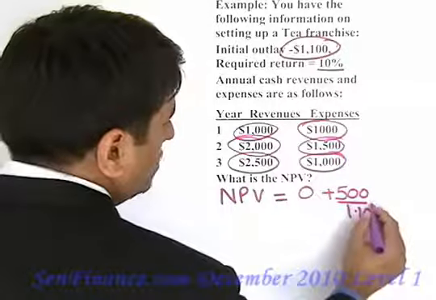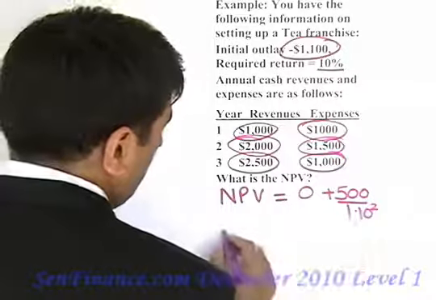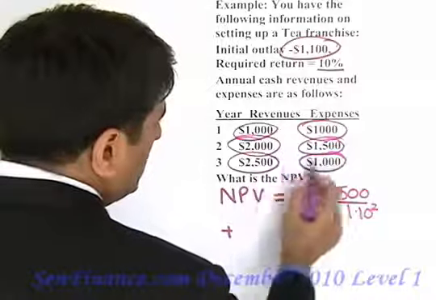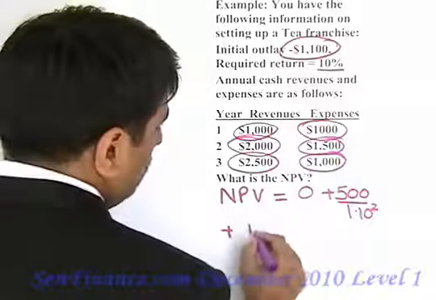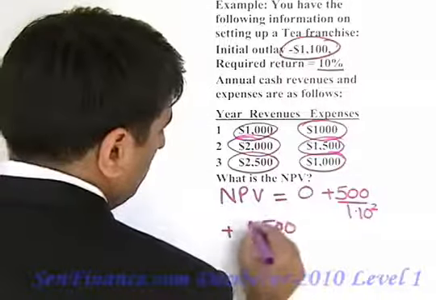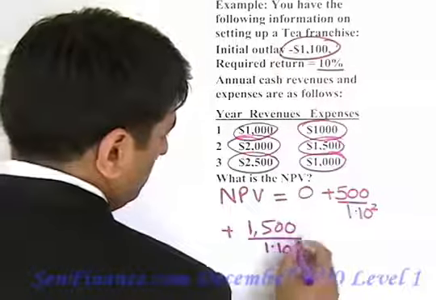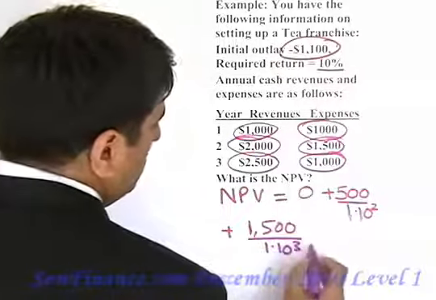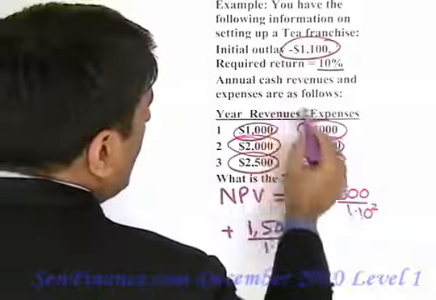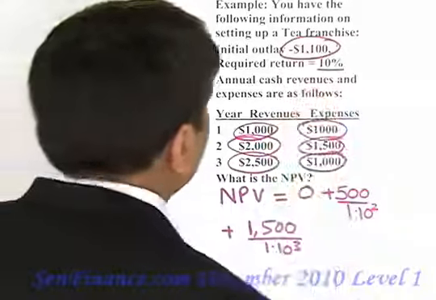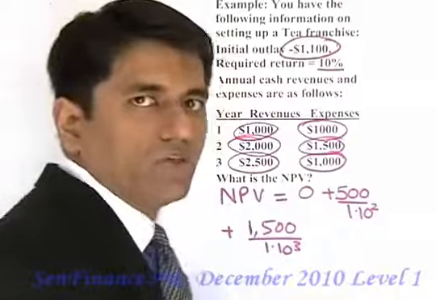So 1.10 squared. For the third year, your cash flows are going to be $1,500, to be discounted by 3 periods. And after that, this franchise disappears, there are no more cash flows.